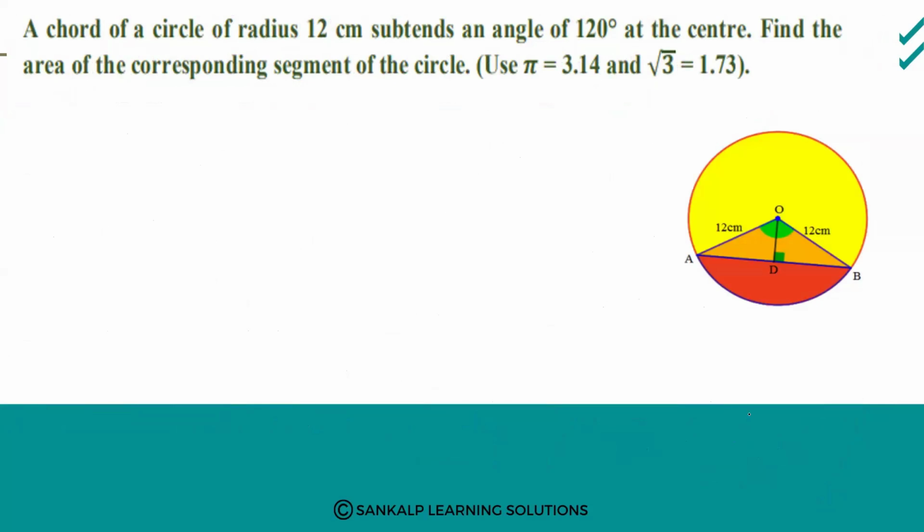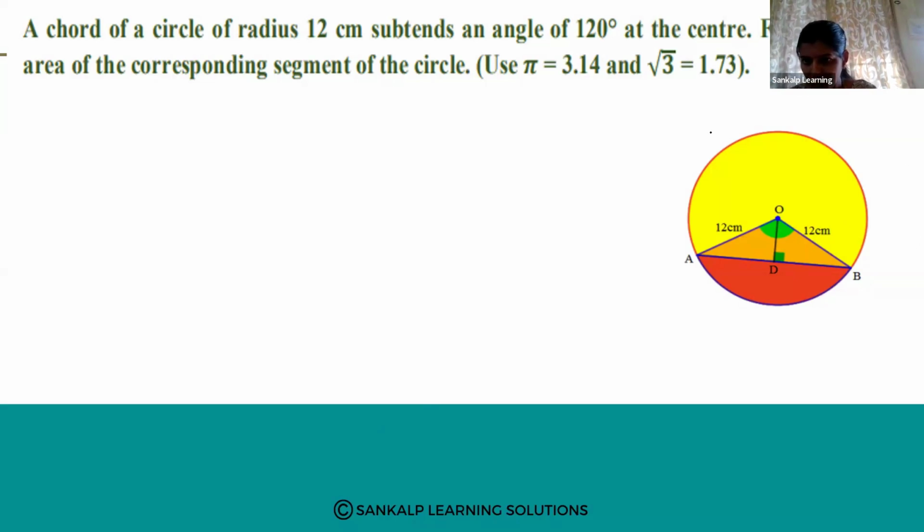Now, chord of a circle. A chord of a circle of radius 12 centimeters subtends an angle of 120 degrees at the center. Find the area of the corresponding segment of the circle. My dear children, here it is given that the chord of a circle of radius 12 centimeters subtends an angle of 120 degrees at the center.